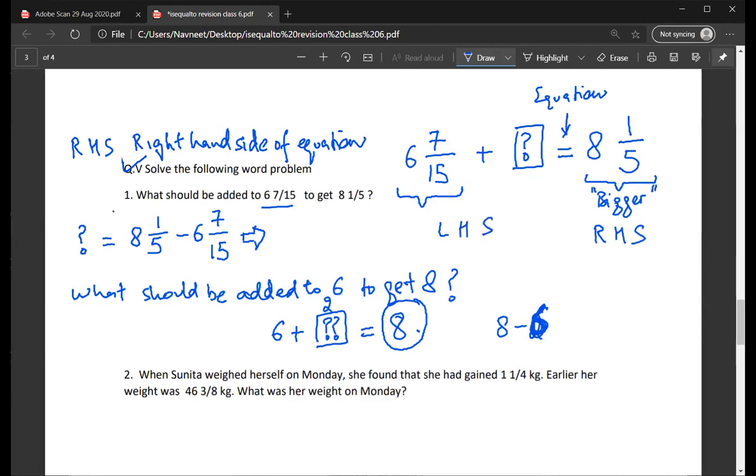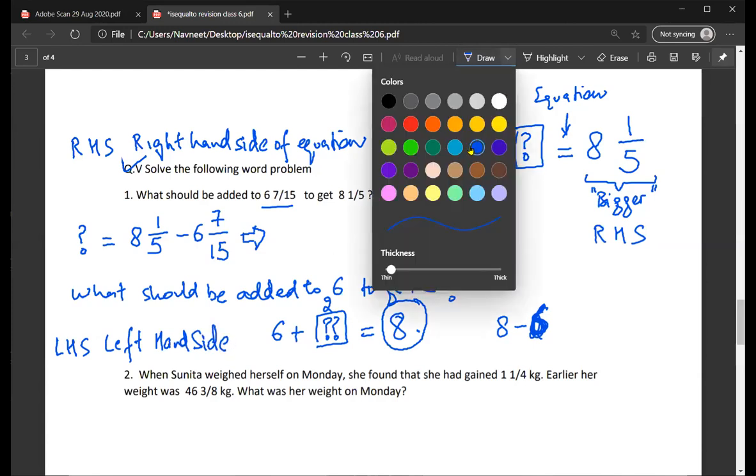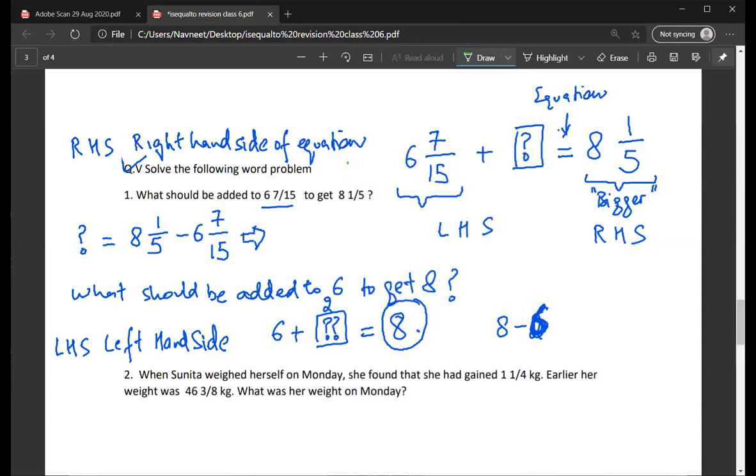Mr. Sarthak, have you understood? Yes, sir. The first thing you need to understand is that whenever there is an is equal to, it forms the equation. Now this part which is on the left is called the left hand side and this part which is on the right is called the right hand side. Satya, have you understood?